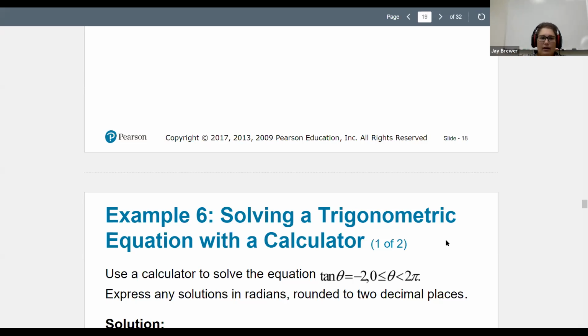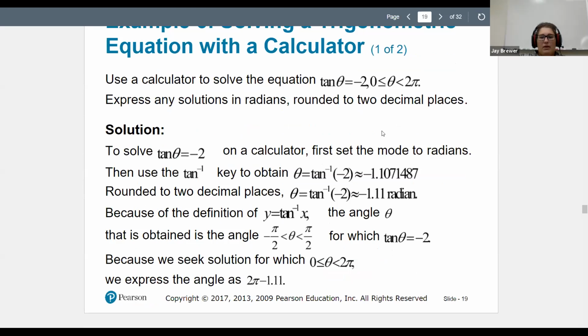And you're getting really mad and frustrated as to why you're getting the problem wrong. Pay attention to radians versus degrees. It will give you incorrect answers, and you start to think that you just paid a whole bunch of money for a calculator that doesn't work. Just pay attention.